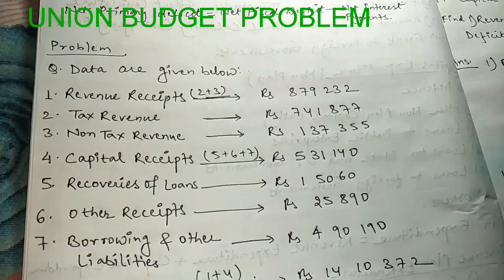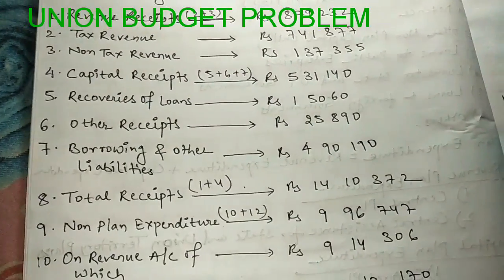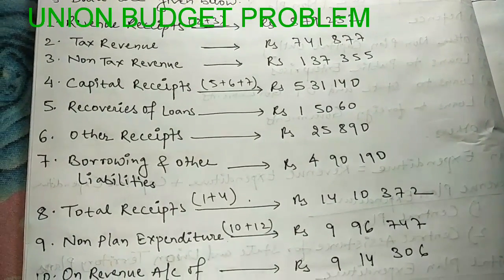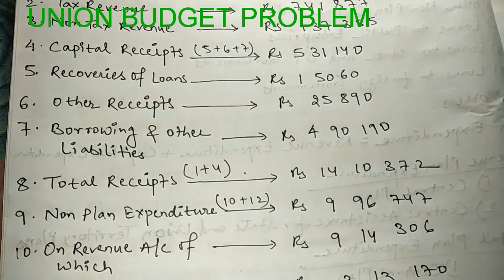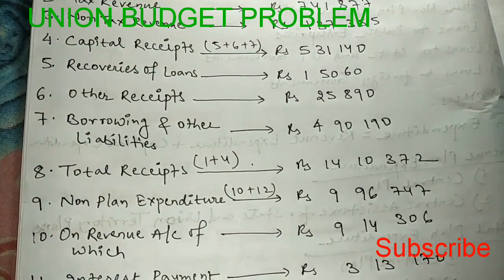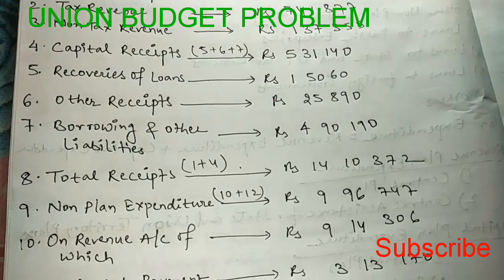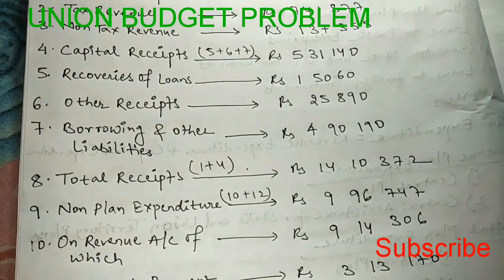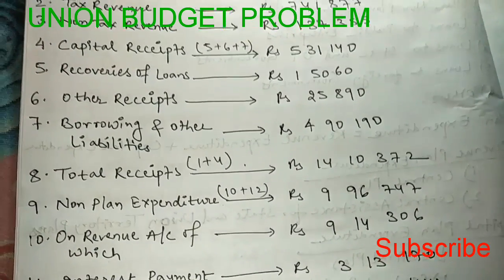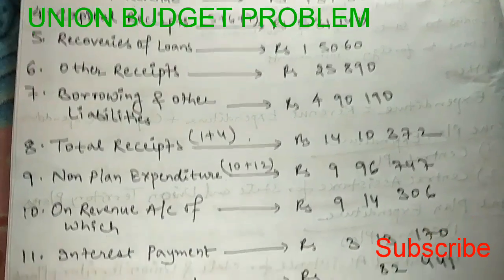Borrowing and other liabilities 4,90,190. Total receipt is given as 14,10,372. Non-plan expenditure 996,747, of which the revenue account part, meaning how much of non-plan expenditure is in the revenue account, is 9,14,306.